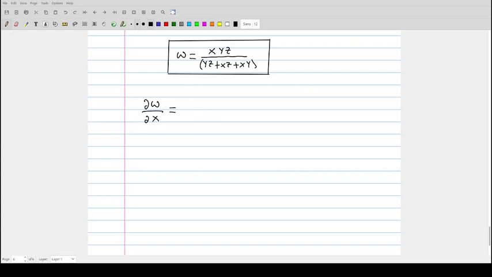The partial derivative of this expression with respect to x, we're going to use the quotient rule here, so it'll be yz times yz plus xz plus xy minus xyz times the partial derivative of the denominator with respect to x, which is z plus y, divided by the denominator squared.